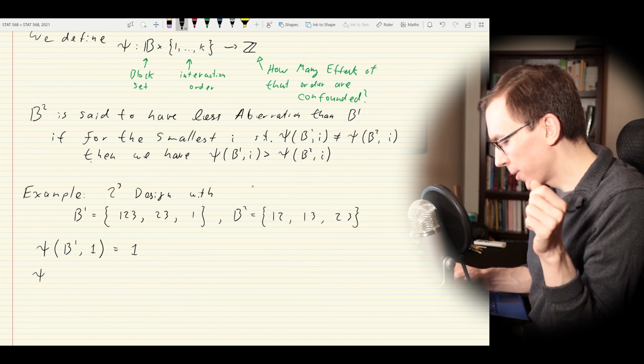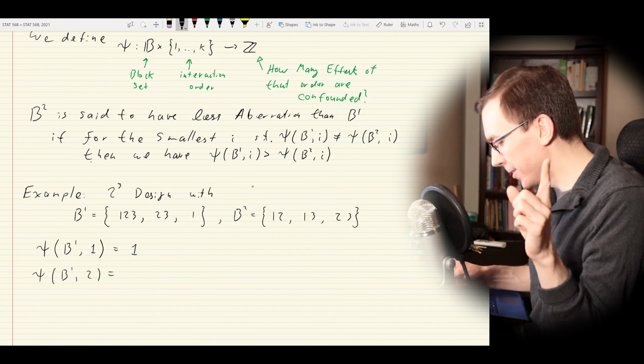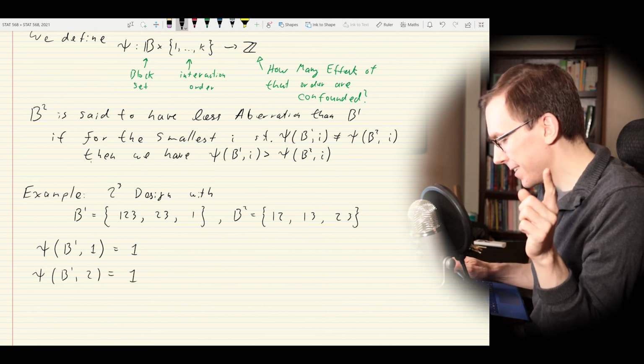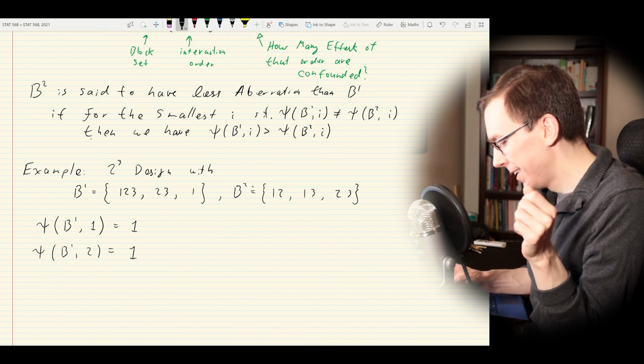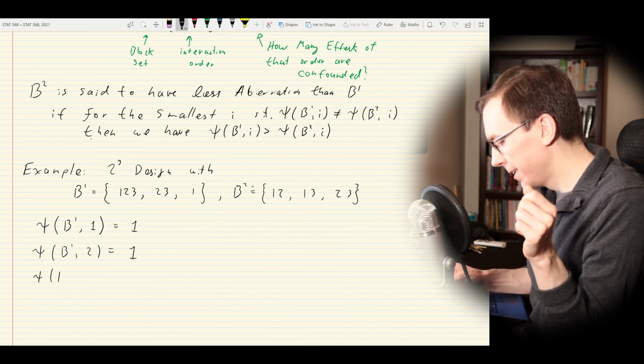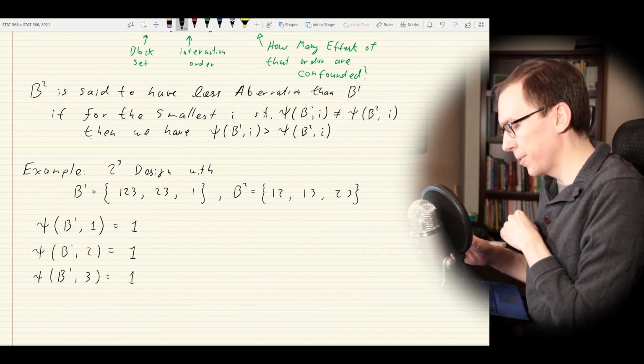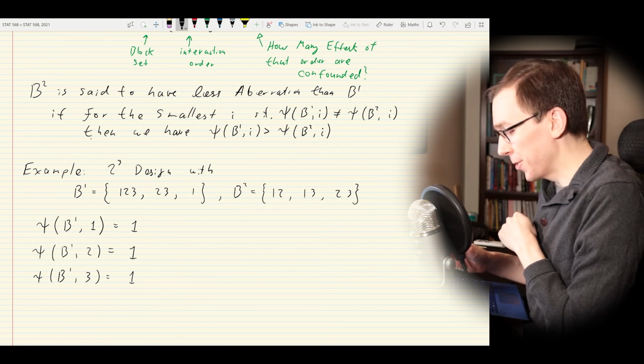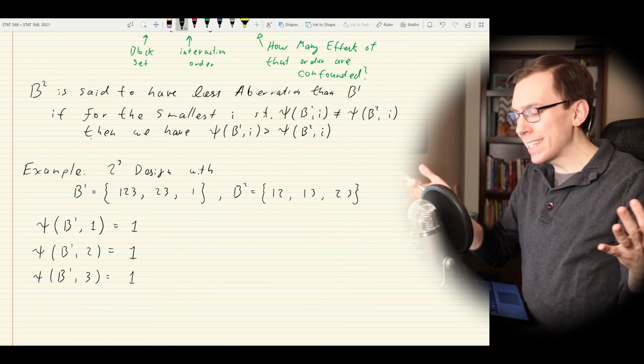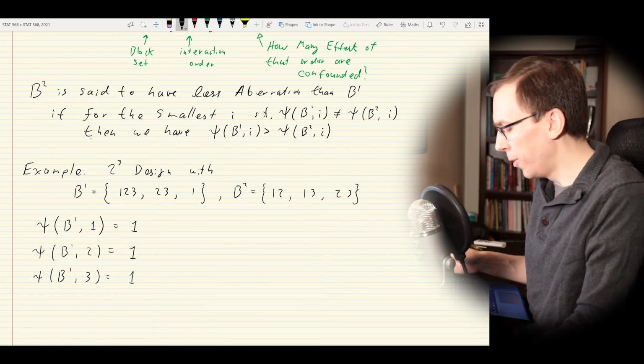When we go to order 2, we find that block 1 confounds a single two-way interaction effect. And when we go to order 3, we also confound one single order 3 interaction effect. So this is the aberration function for block 1.